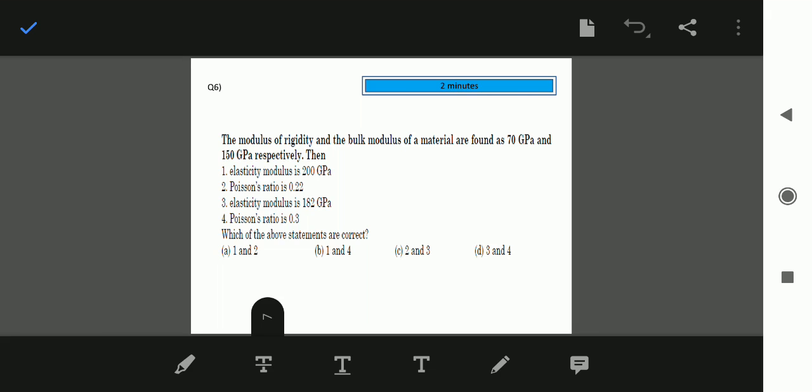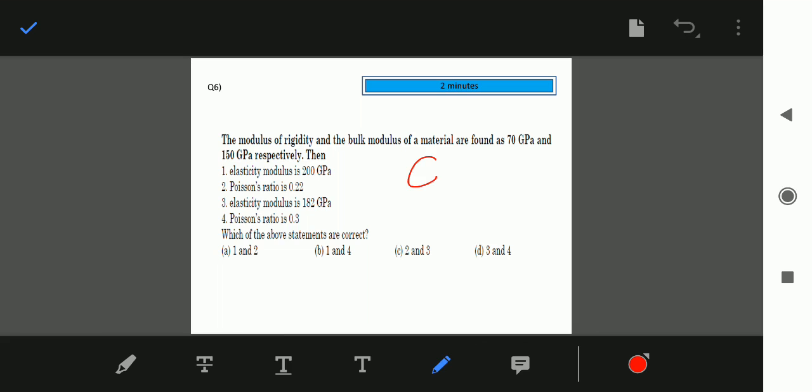See here, it's given that the modulus of rigidity, G, is 70, and the bulk modulus, K, is 150.